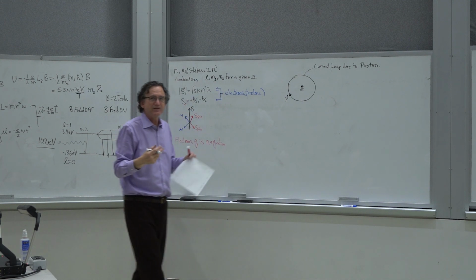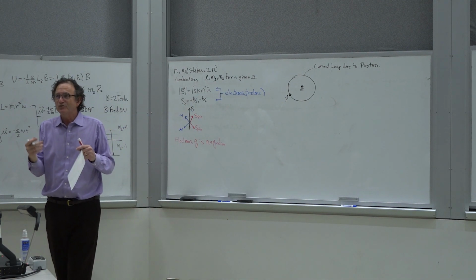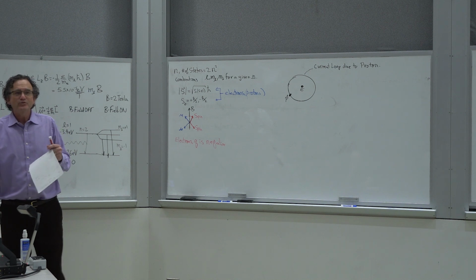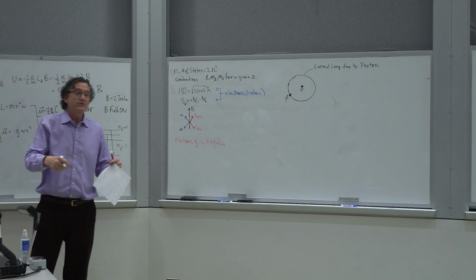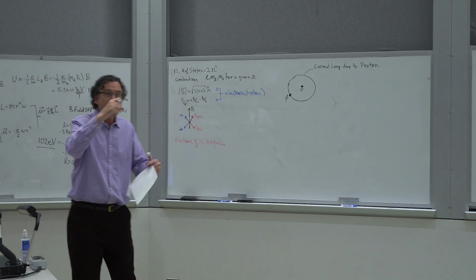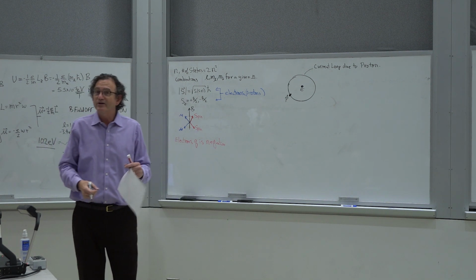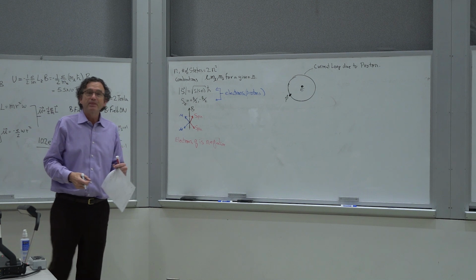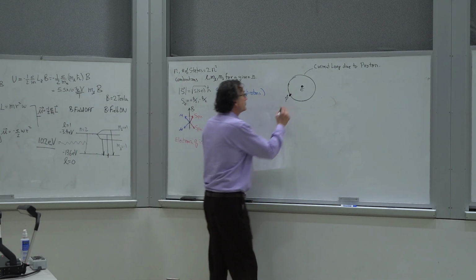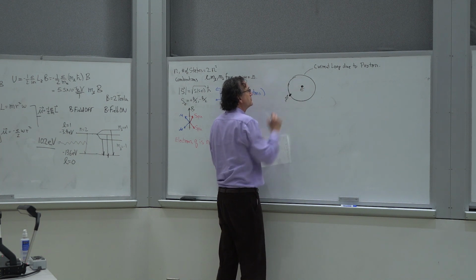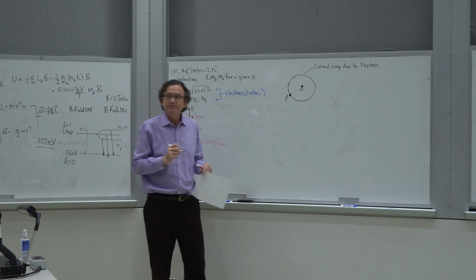I know it's a weird concept, but if you imagine that you were sitting on the electron, then you would see the proton going around you at some angular velocity. Just like we see the sun going around us once every 24 hours. Right? We would see the proton. And because this proton is charged and it's moving relative to us, it generates a magnetic field.